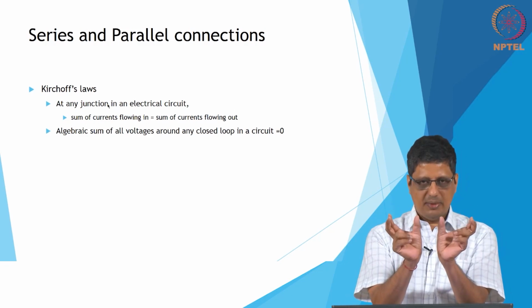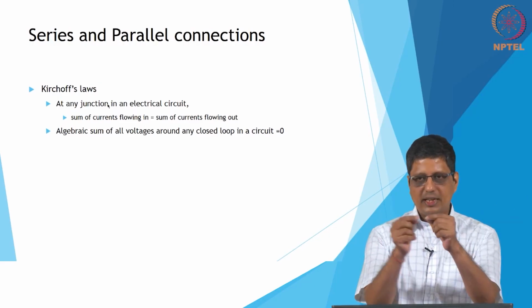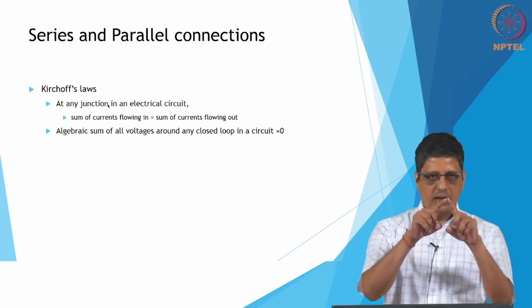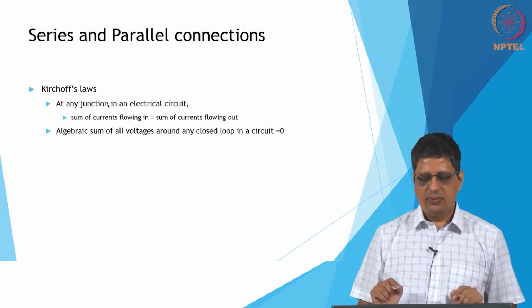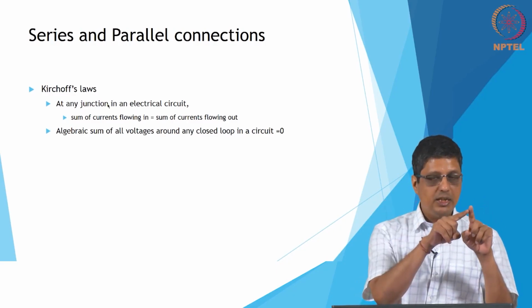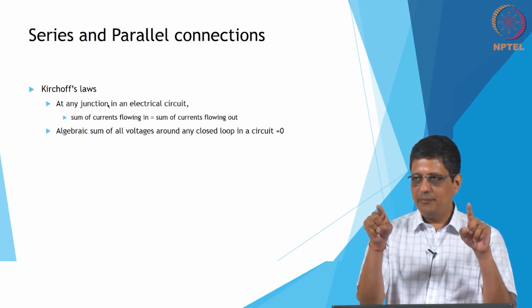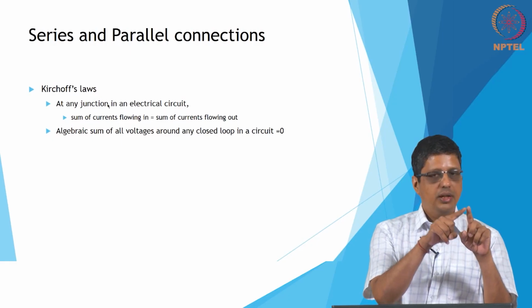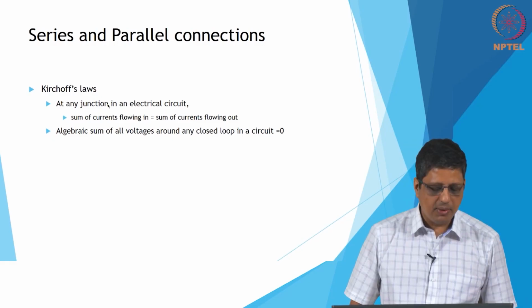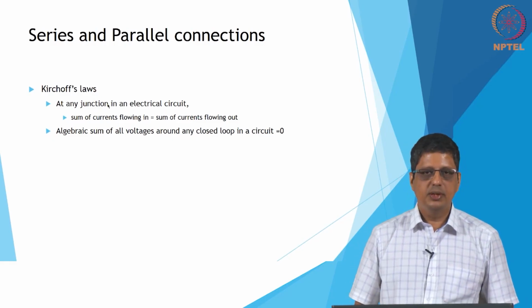Normally, if you just look at two elements, simple cases, whatever comes in has to go out. Second, if I take a closed loop, and I take the algebraic sum of potentials, going from A to B and then B to A, that has to be 0. So, the algebraic sum of all potentials around any closed loop is 0.